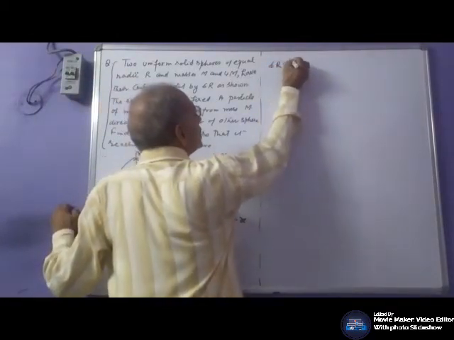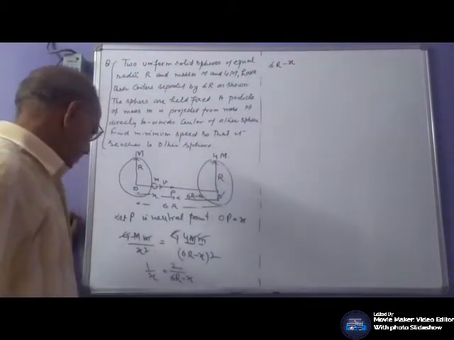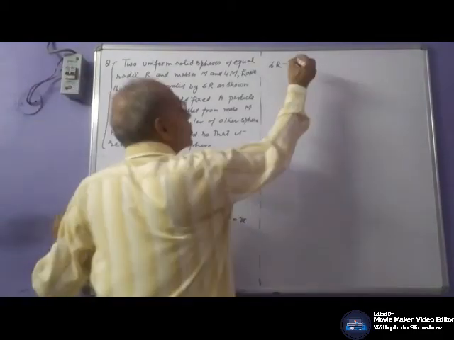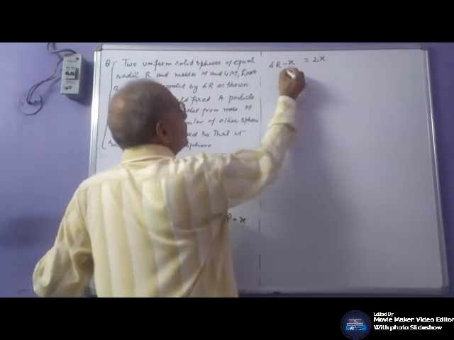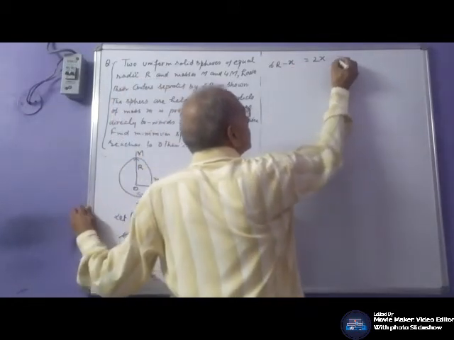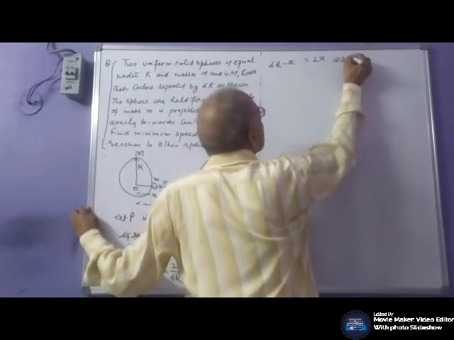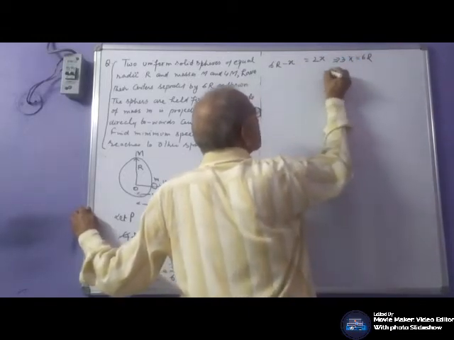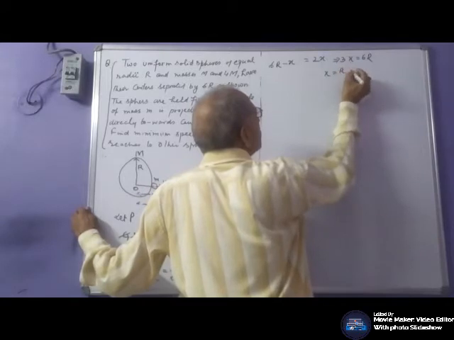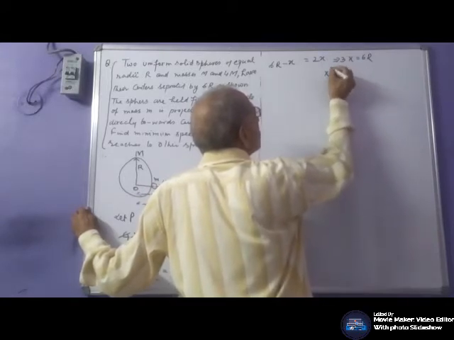So 6r minus x is 2x, 3x is 6r, or x comes out to be 2r.